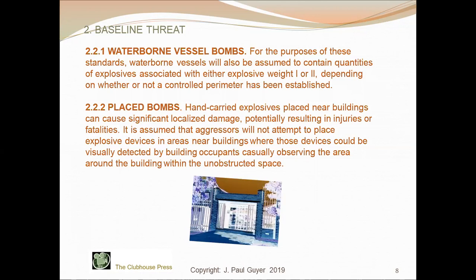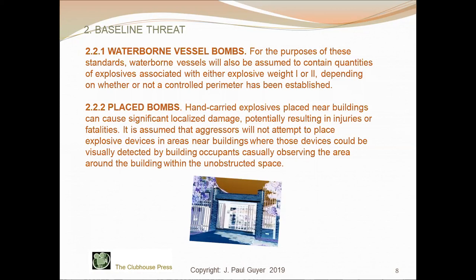The third category is placed bombs. These are hand-carried explosives placed near buildings that can cause, obviously, significant localized damage, resulting in injuries and fatalities. It's assumed in this discussion that aggressors will not attempt to place explosive devices in areas near buildings where those devices could be visually detected by building occupants casually observing the area around the building within the unobstructed view.